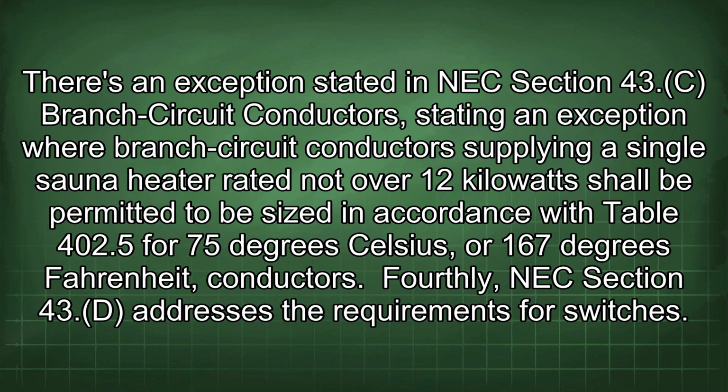There's an exception stated in NEC Section 43(C), stating that branch circuit conductors supplying a single sauna heater rated not over 12 kilowatts shall be permitted to be sized in accordance with Table 402.5 for 75 degrees Celsius or 167 degrees Fahrenheit conductors.